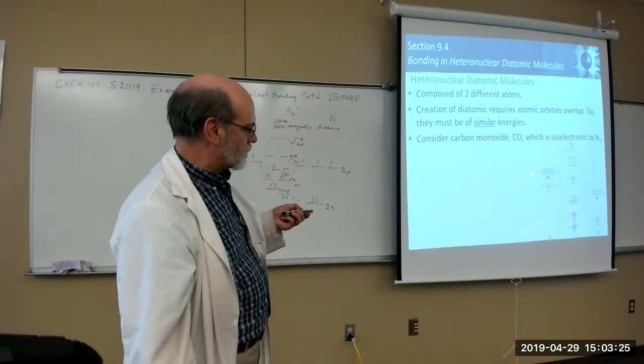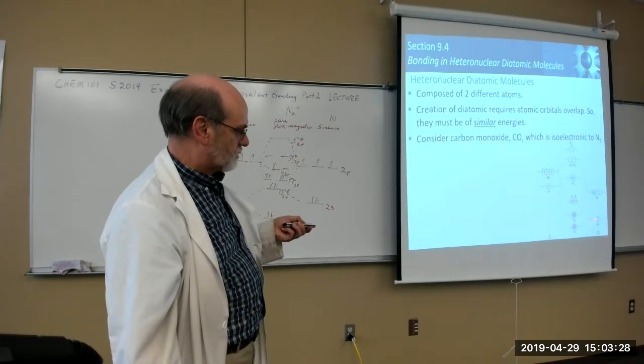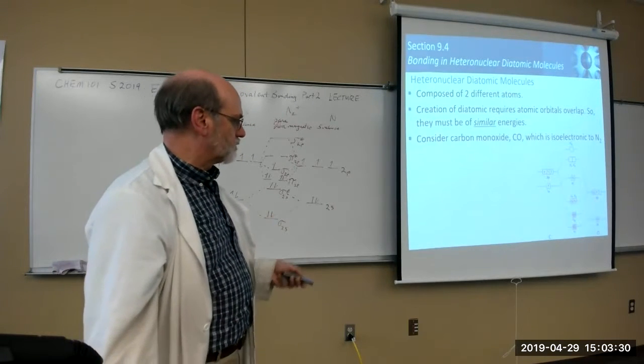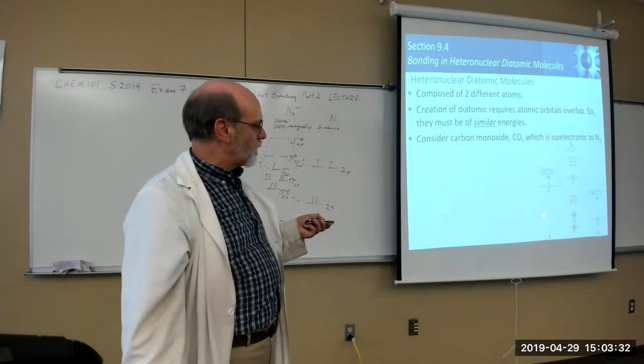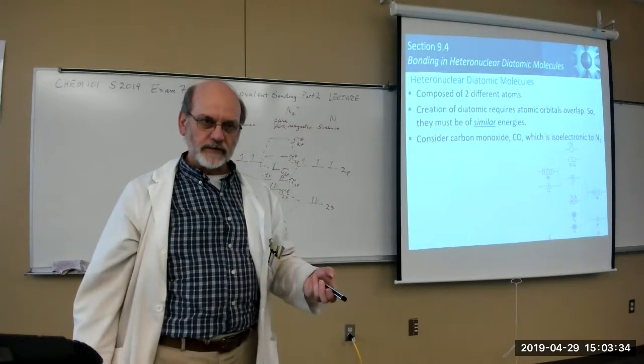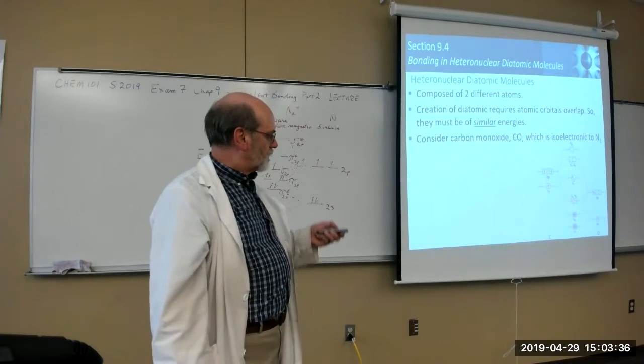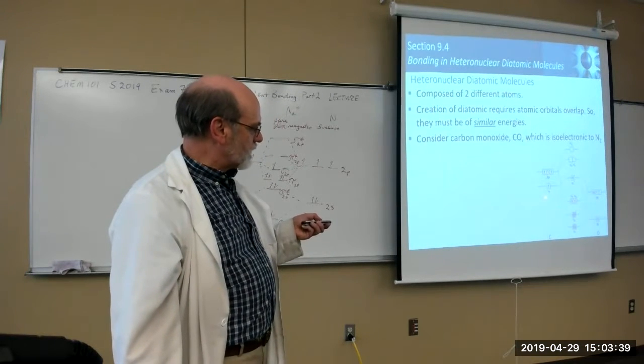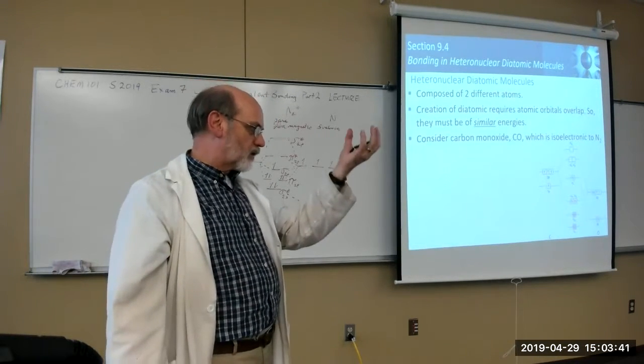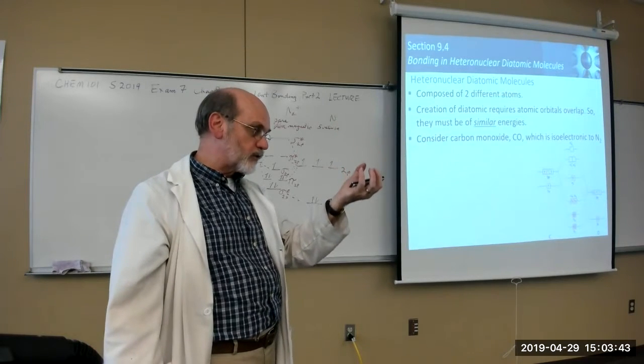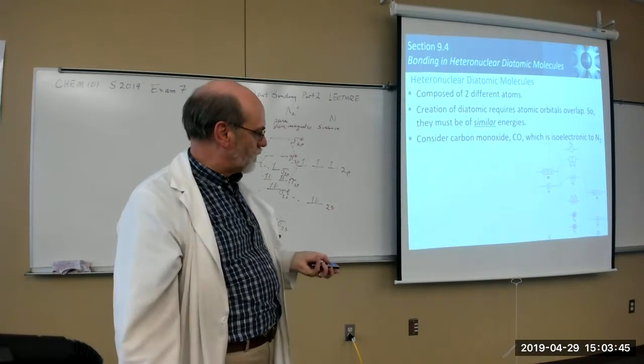Carbon's going to be a higher energy level than oxygen, simply because carbon has fewer protons than oxygen. So the orbitals won't be drawn as close to the nucleus as they will be for oxygen.